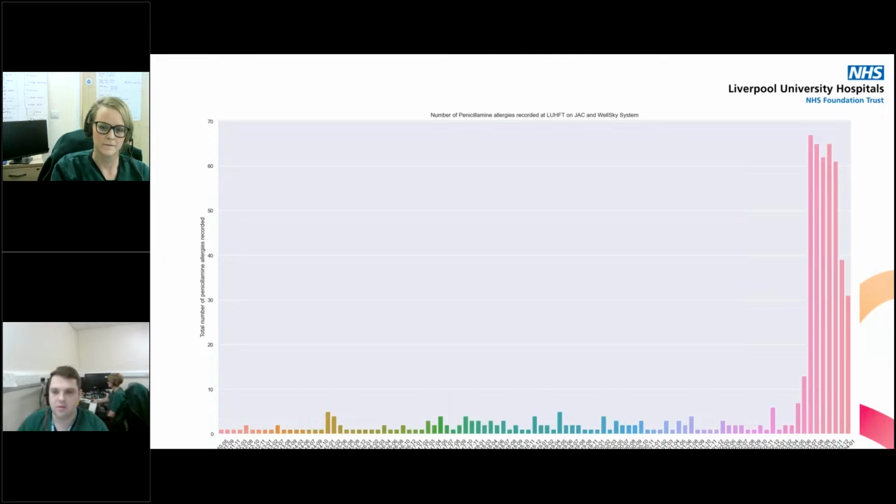When we went live, this is grouped by month, you can see we're just getting well into 60 plus each month. That's probably a bit worse for us because, as I said, all our patient records were blank when we first went live. So we would expect that to die down over time because you're not forced to add an allergy every time the patient comes in. If we could have the next slide, please.